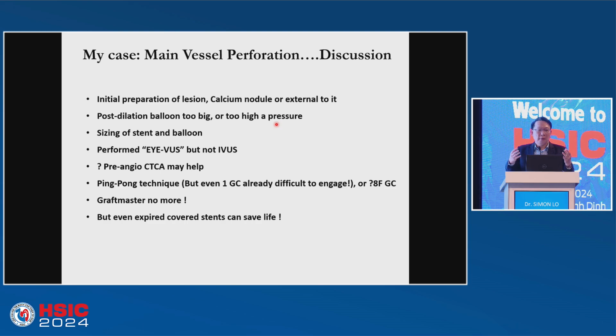Should I have performed a proper IVUS, rather than just using my own eyes, okay? And the GraftMaster, luckily, is no more. We've got a better stent graft nowadays. And I said to the lab people, even an expired covered stent can save a life. Don't throw them away, okay?